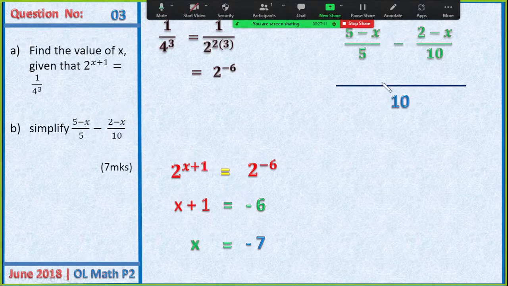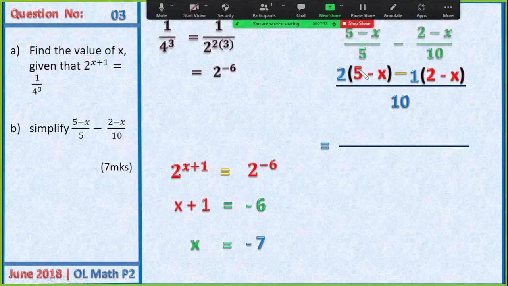Now 10 divided by 5 is 2, so 2 times the numerator, and then 10 divided by 10 is 1, so minus 1 times that numerator. You can now expand and bring like terms together.